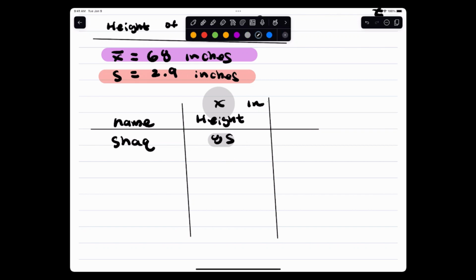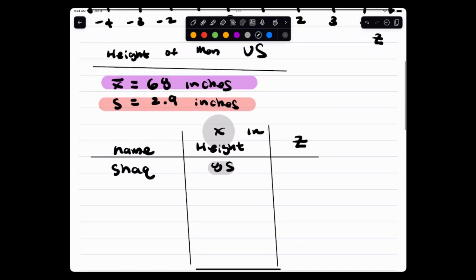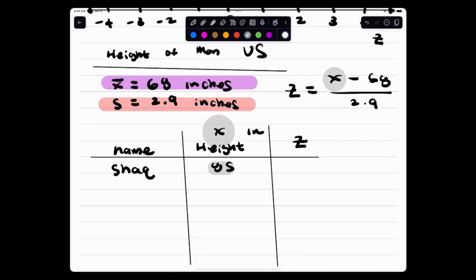Okay, let's compute Shaq's z-score, his relative position. So if you said, well, how do we do that, right? Z equals x minus 68 over 2.9. All right, so there you go.